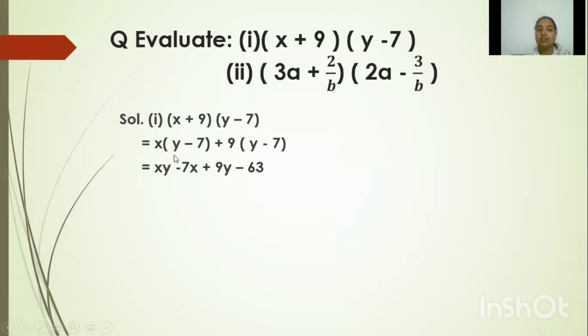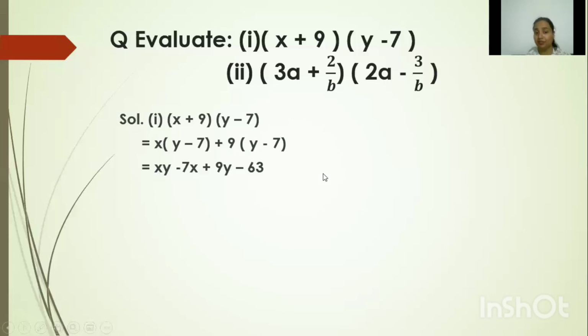Now we are just expanding them by simple multiplication. Xy minus 7x, then 9y minus 9 sevens are 63. So this is simply the distributive law of multiplication. We have just distributed, right?